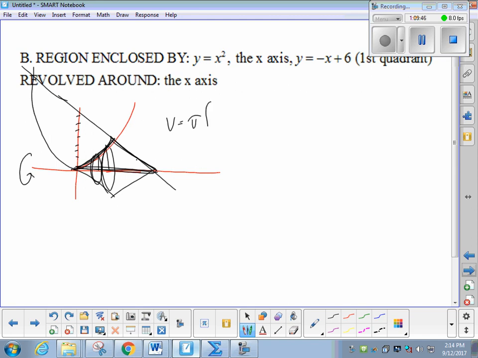You would go from 0 to 2 on x squared, and from 2 to 6 on the line, squared. Yeah, because the radius is different in different places. So that would be the setup there.